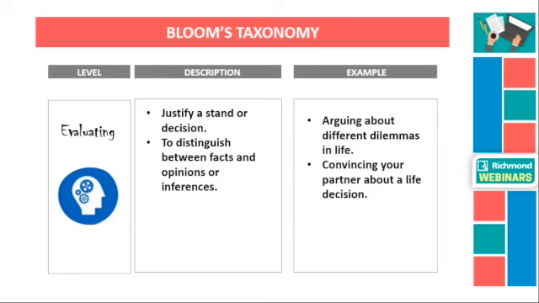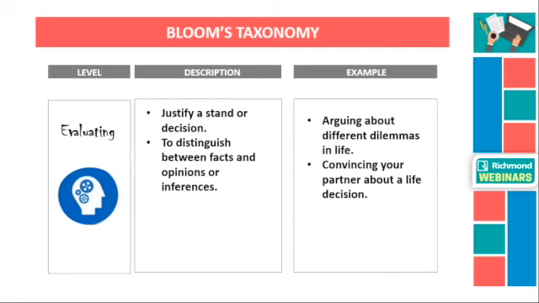An idea here would be arguing about different dilemmas we have in life, or convincing our partner about a life decision.